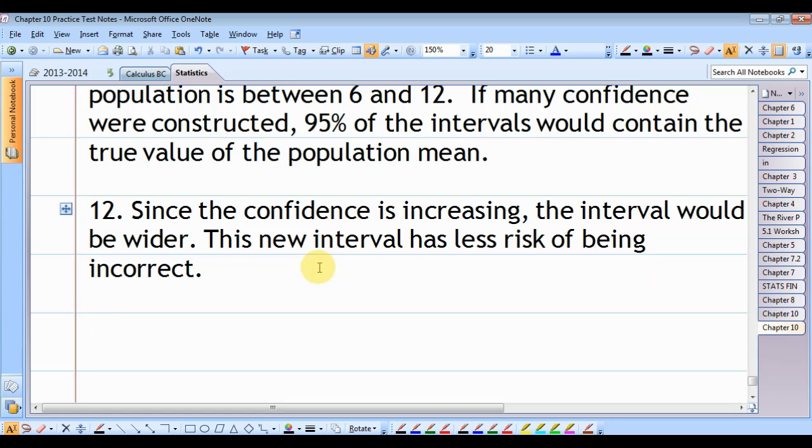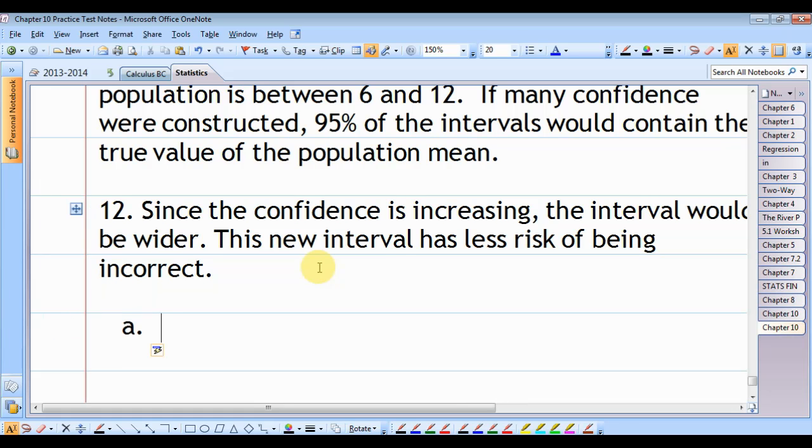Okay, let's move on to 13 then. 13 is construct an interval. The U.S. Forest Service is considering additional restrictions on the number of vehicles allowed to enter Yellowstone Park.